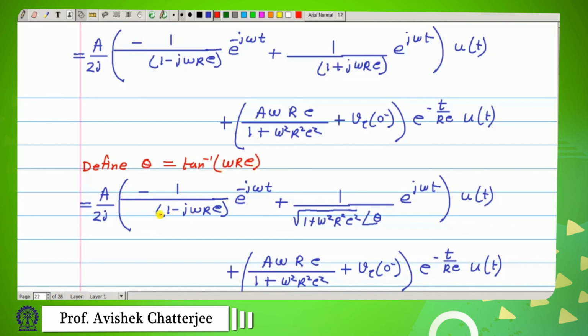Okay, similarly here I will write this as root over 1 plus omega square r square c square, and the angle for this number will be minus theta because of this minus sign. Okay, you see this angle and its angle, they are negative of each other, so this is minus theta.